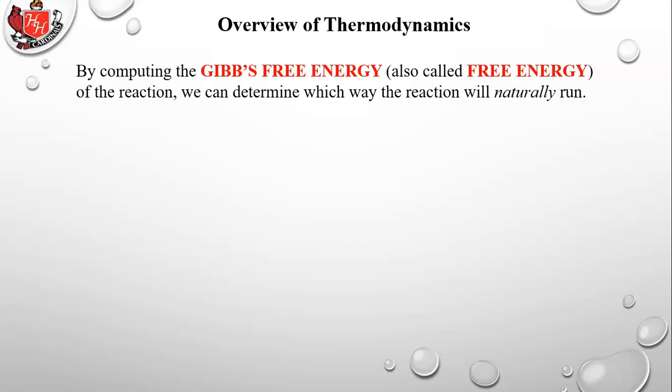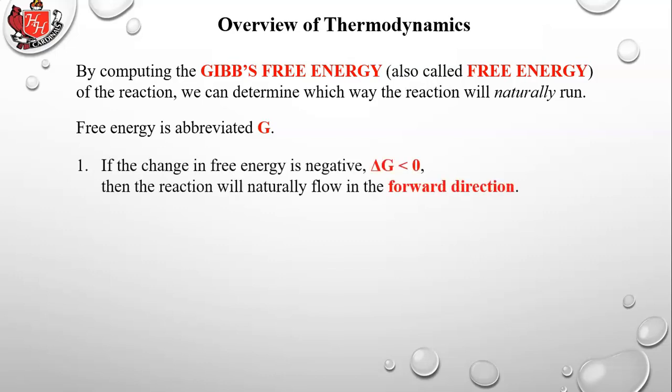By computing the Gibbs free energy, also called free energy, of the reaction, we can determine which way the reaction will run naturally. Free energy is abbreviated with the letter capital G. So 1, if the change in free energy is negative, delta G is less than 0, then the reaction will naturally flow in the forward direction from left to right.